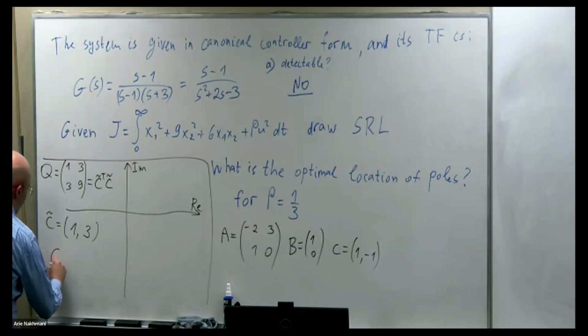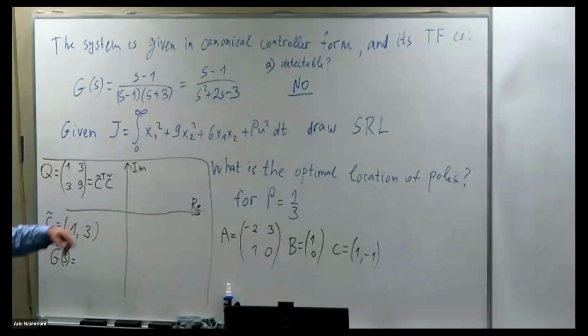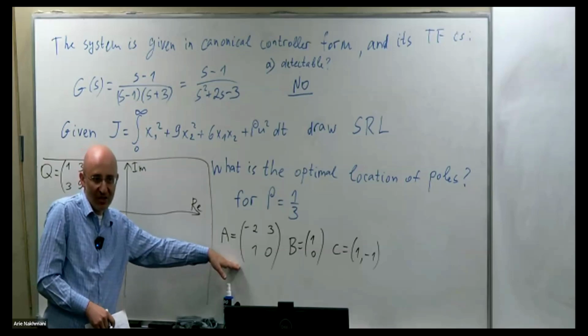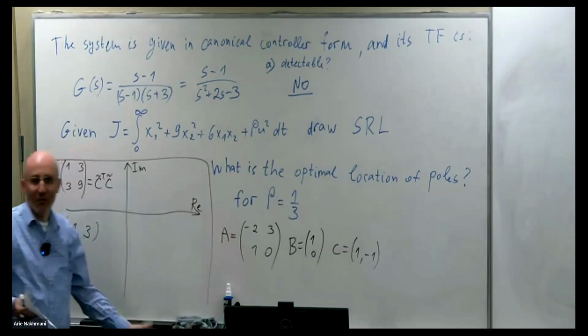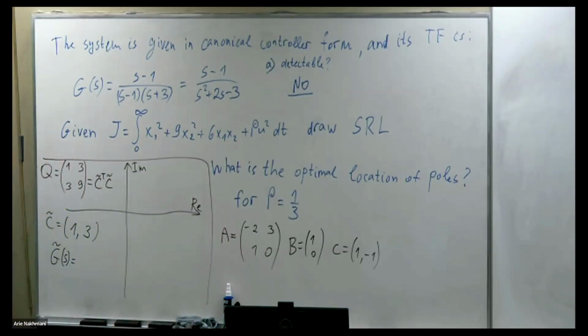Of course, you have a different G tilde S. Now you're optimizing G tilde S instead of the original G because you have a different matrix C. My claim is that the optimal controller for G tilde S with this C will be exactly the same as for your original system, because C is not involved anywhere in the computation.